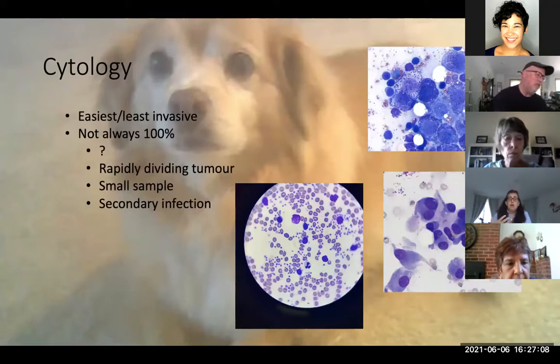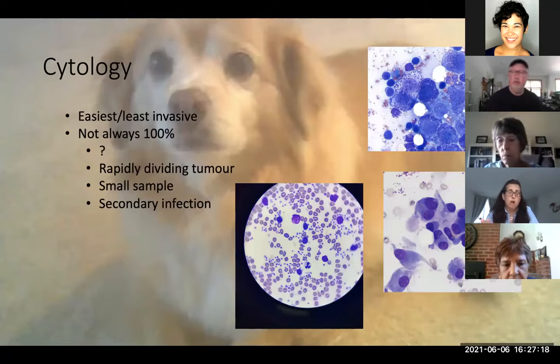For cytology, once we get those cells on the needle, we put them on a slide. These are 3 examples of cytology results that we would get. It's a really easy technique, usually with minimal side effects or risks. But as you can imagine, we're only grabbing a few cells, so it's not always diagnostic.